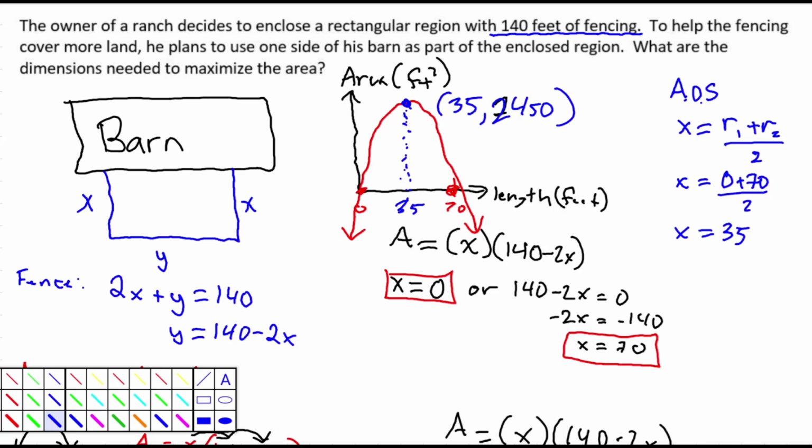So if one of our side lengths is 35, the other side length must be 35 also, and your leftover for this side is going to be 70. So we know the dimensions that will give us the maximum area for this barn. If we make one side 35, the other side 35, and 70 going across, this will be the largest area we can hold in this problem.